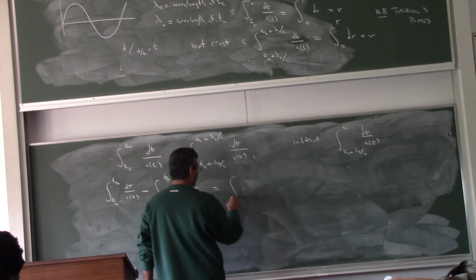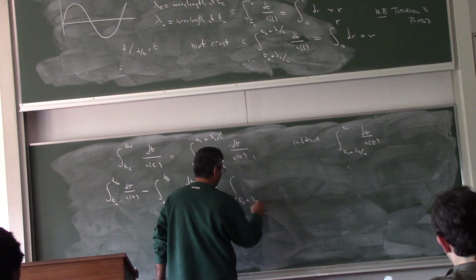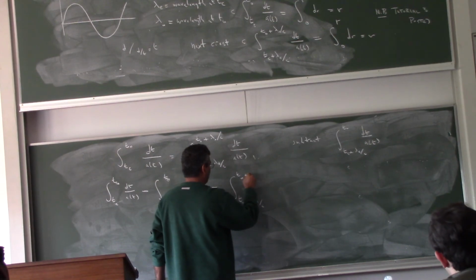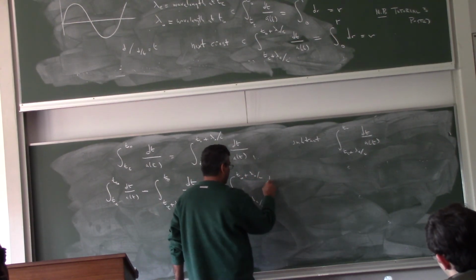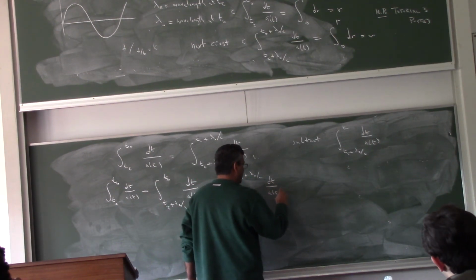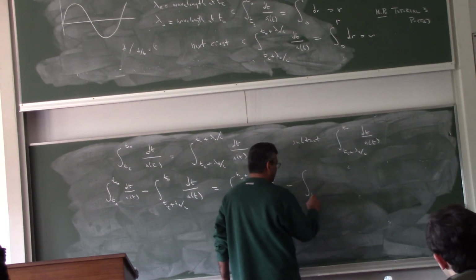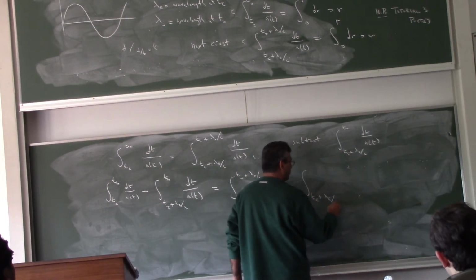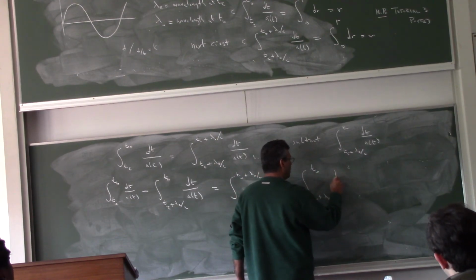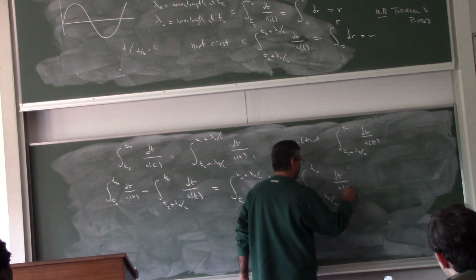And this equals the integral from t_e plus lambda e over c to t_0 plus lambda 0 over c of dt over a of t, minus the integral from t_e plus lambda e over c to t_0 of dt over a of t.